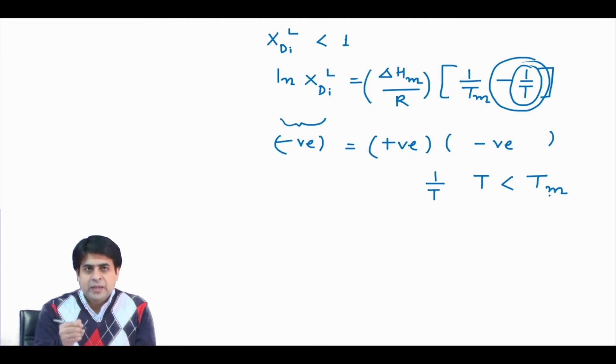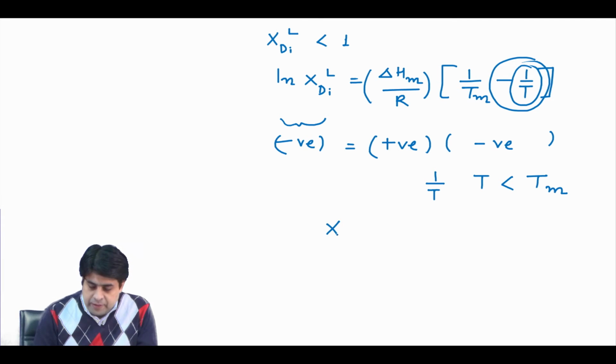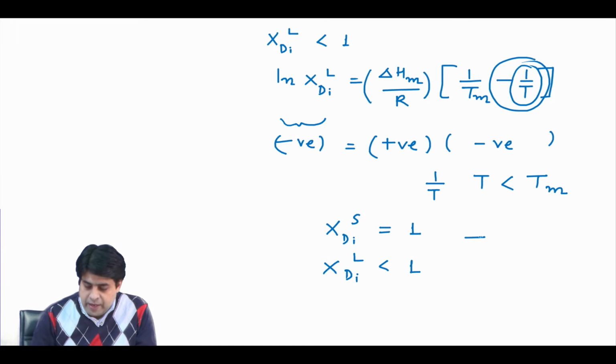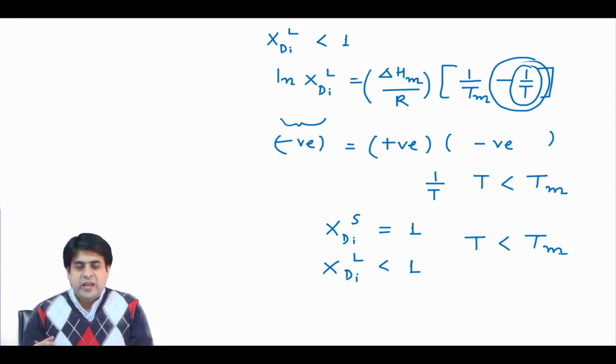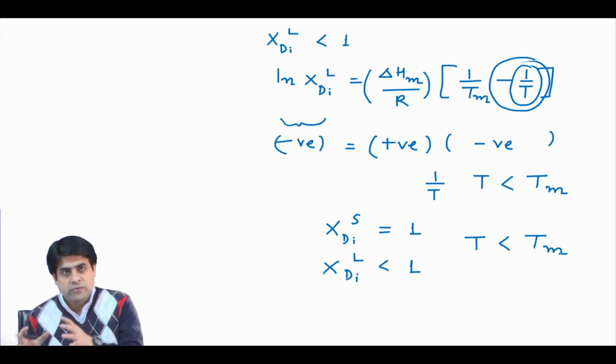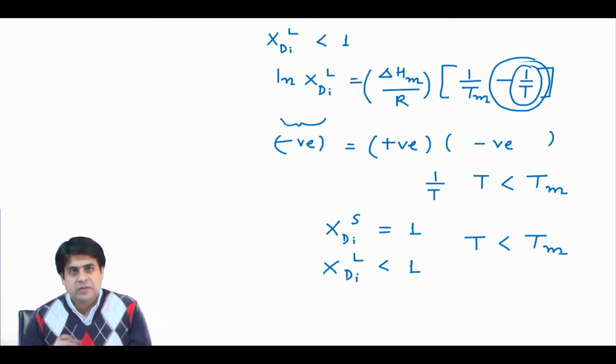So, basically in the first situation, when your x diopside in solid is equal to 1 and x diopside in liquid is less than 1 and T is always less than T m. Okay. So, because of that, this cryoscopic equation is called a depression of the freezing point, because your T is always less than T m.